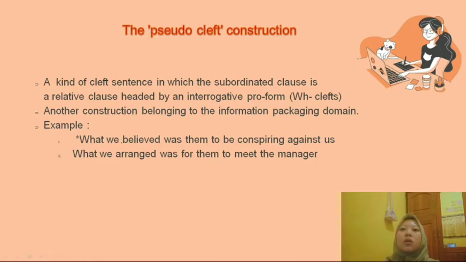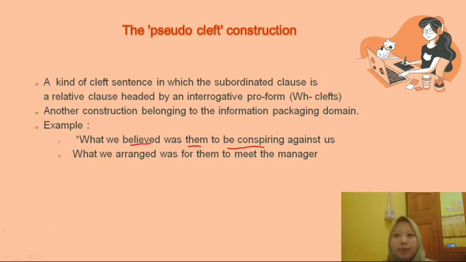And then let's see the sentence. What we believed was them to be conspiring against us. Them to be conspiring against us is not a syntactic constituent and hence cannot function as complement to be. And it is not a syntactic constituent because it is a sequence of two complements of believe.